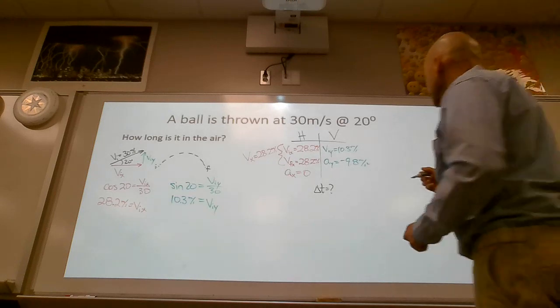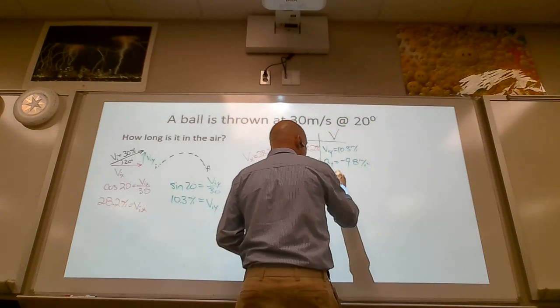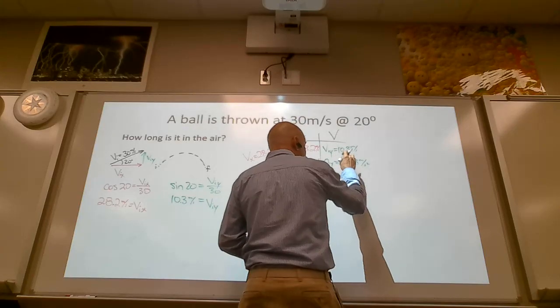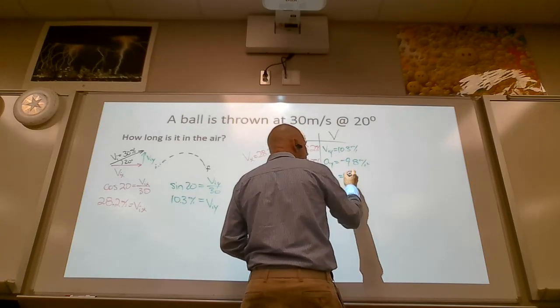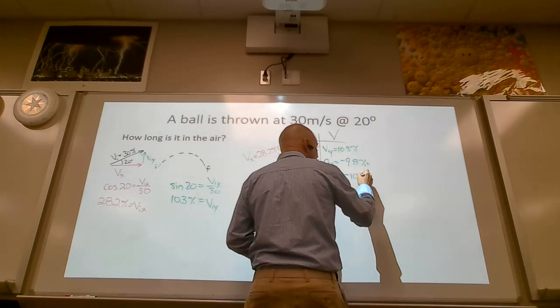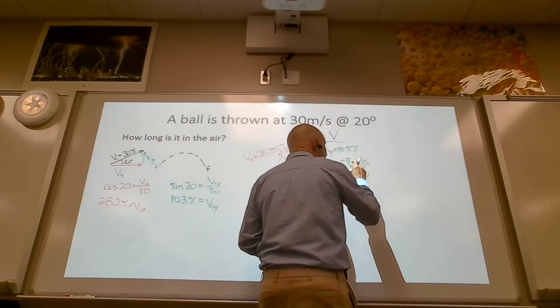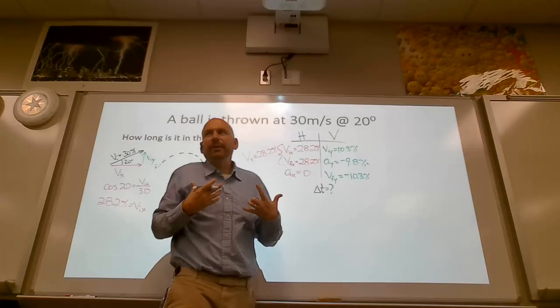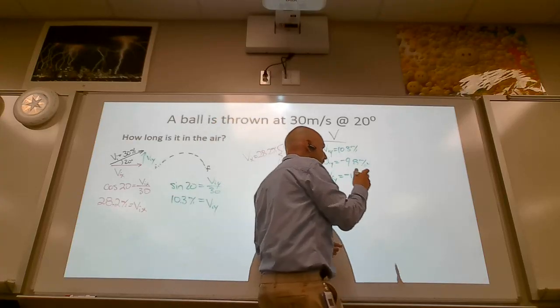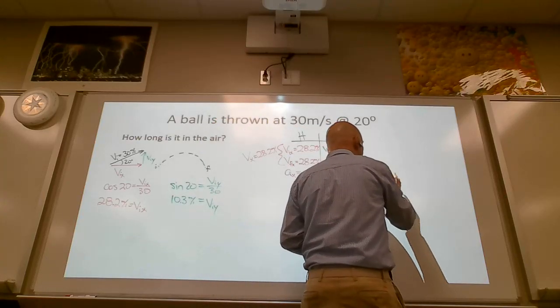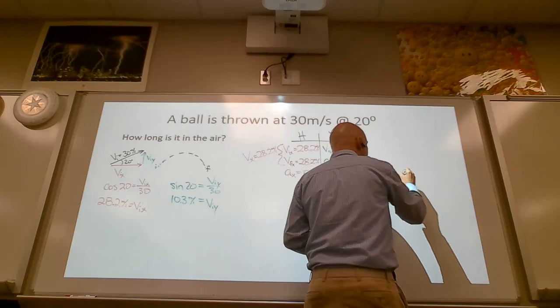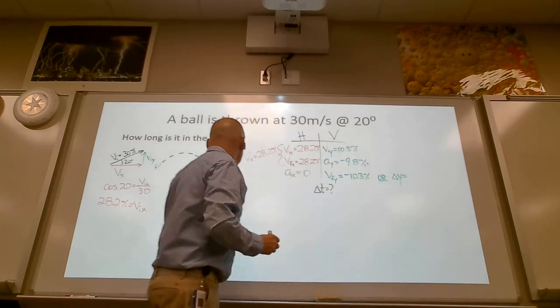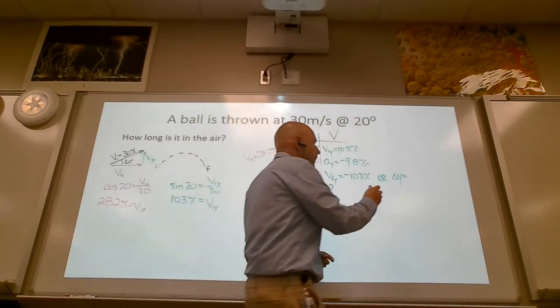One option, this is my favorite: how fast are you going at the end? Negative 10.3 meters per second. Velocity up equals the velocity down. That's personally my favorite. You don't have to do that. You could do vertical displacement is equal to what? 0. Initial final, 0.